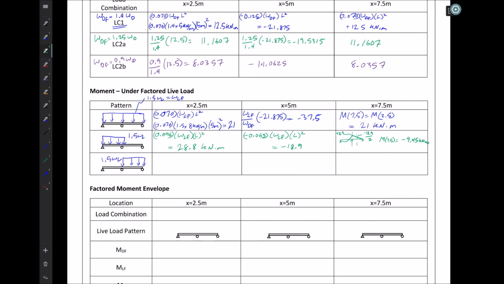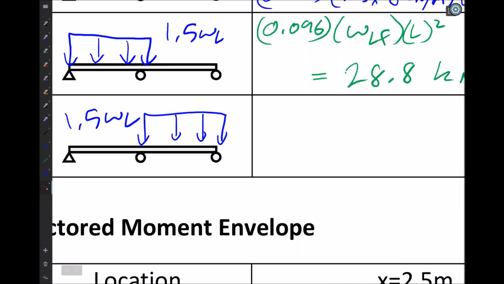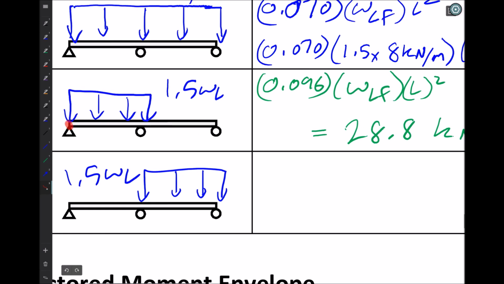Now, I'm going to take a shortcut here. Not really a shortcut. Once again, we're relying on the knowledge of the moment diagram shape to do these problems. So this is my moment diagram shape over here, and this is my moment diagram shape here.